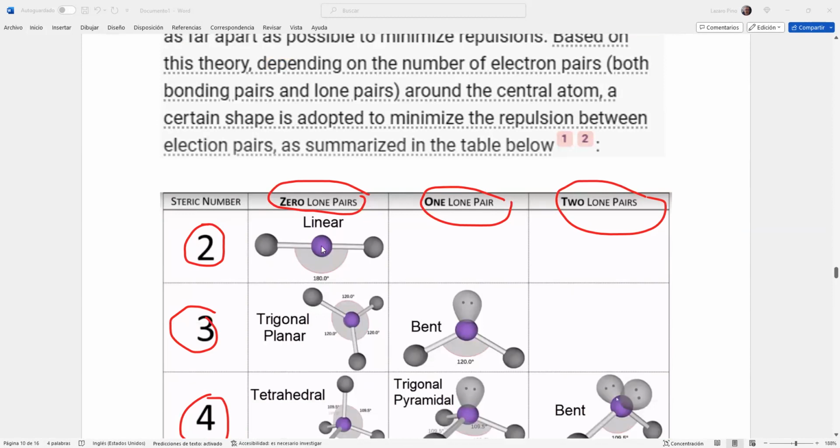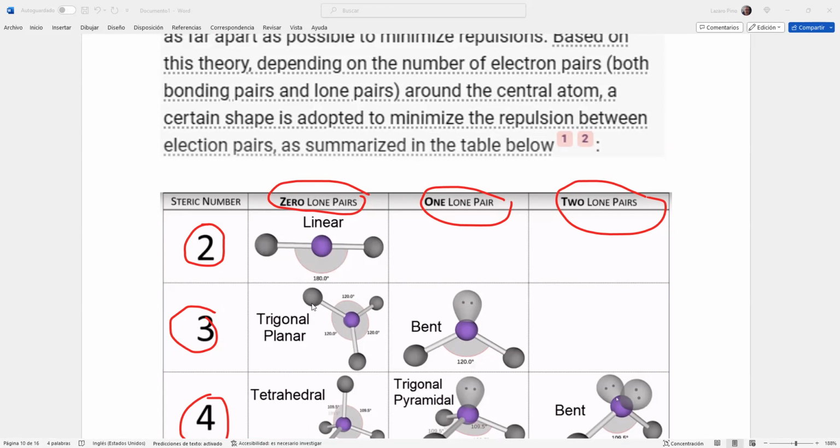For example, in this molecule, we have 2 groups of electrons, and you have no lone pairs. So the molecule is supposed to be linear, because linear is the geometry where you can keep this atom apart from this atom.